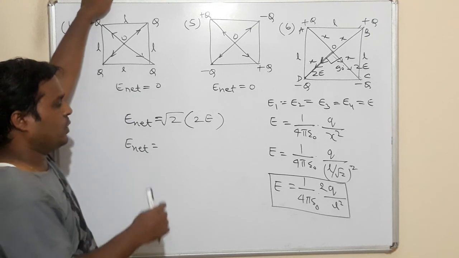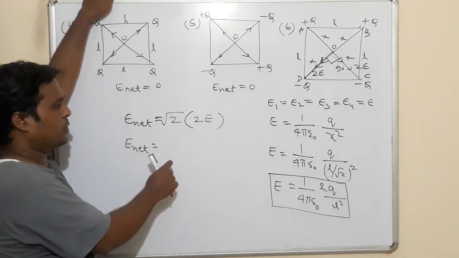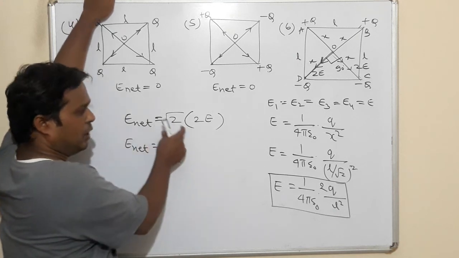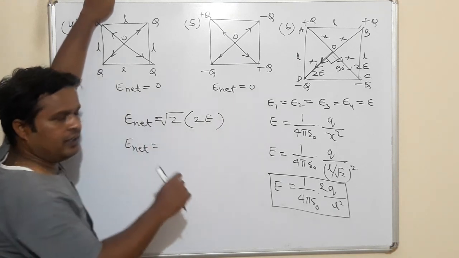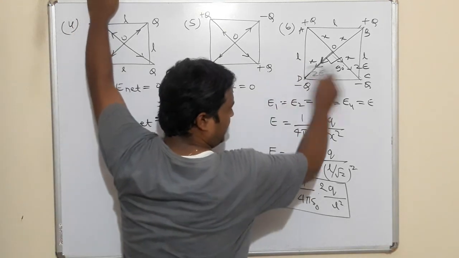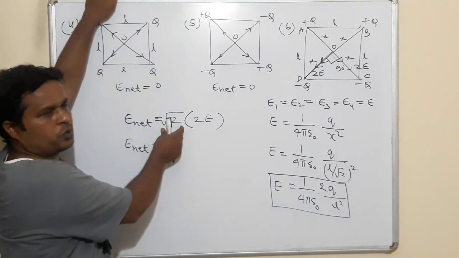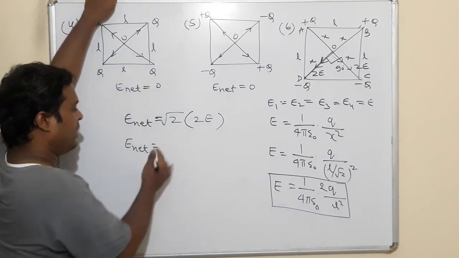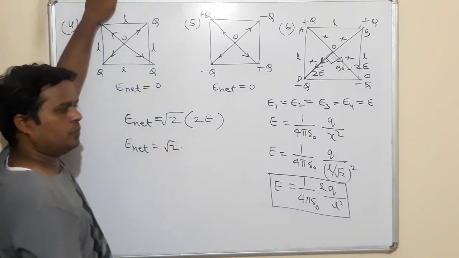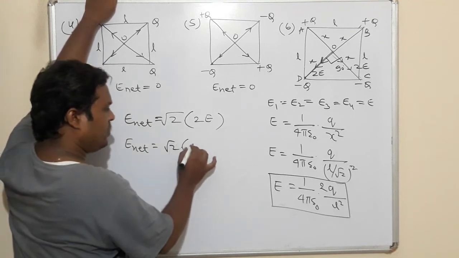You watch that video, where initially I explained how to take the resultant of two forces and why I should multiply by root 2 here if the angle is 90, and if the angle is 60, multiply by root 3. Both vectors are the same, 2E, 2E, angle 90. Take 2E and multiply by root 2 if the angle is 90. Then this will be root 2 multiplied by 2E.